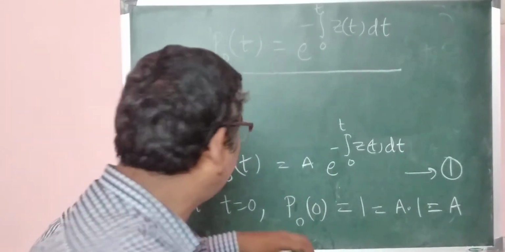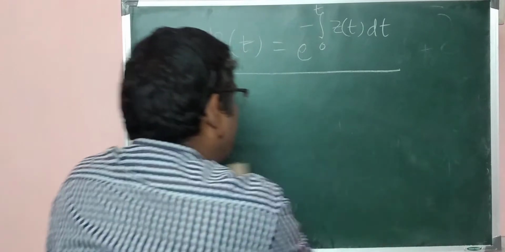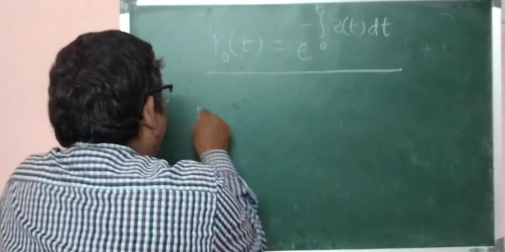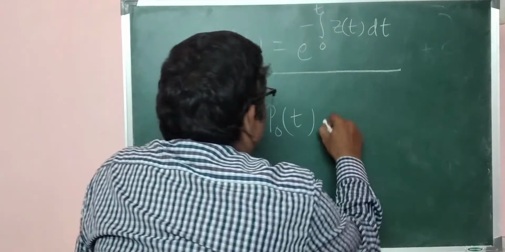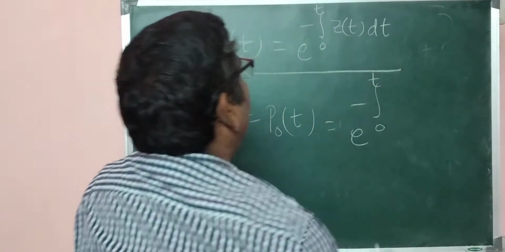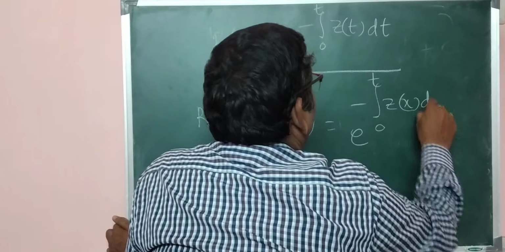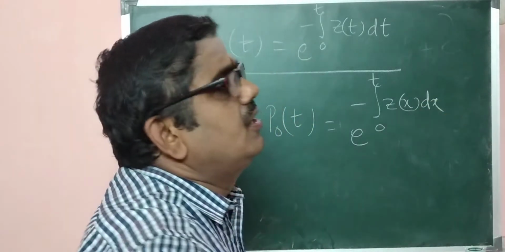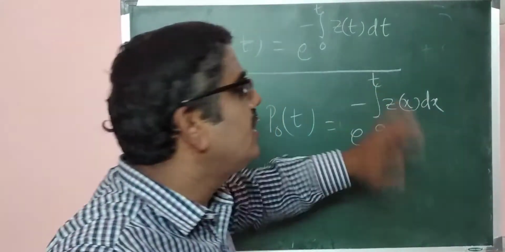Reliability function is nothing but r of t is equal to p naught of t, which is nothing but e power minus integral 0 to t. I am converting in terms of z of x dx, right? To change the variable, both x and t are same here.